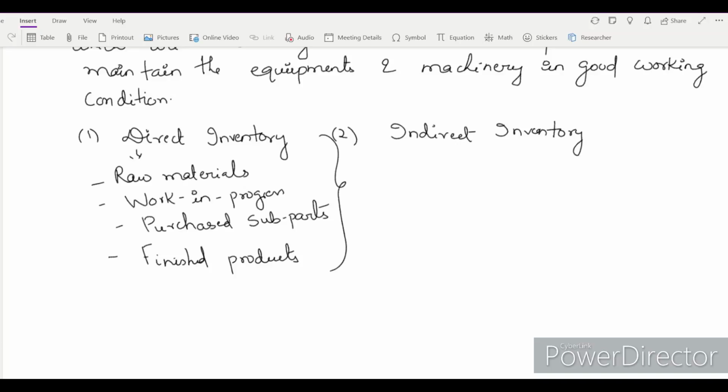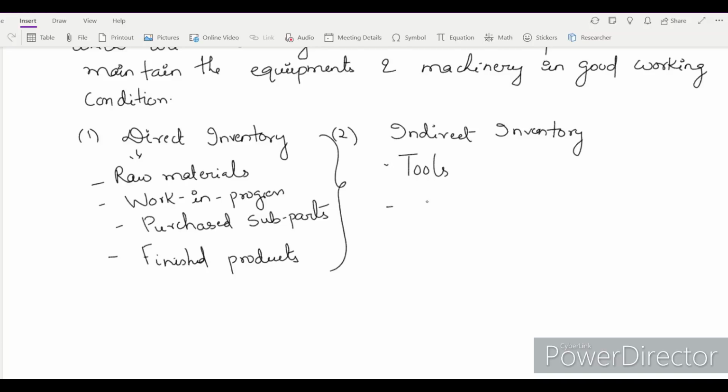And now comes your indirect inventory. You know that for working you need so many tools, and you have to store those tools. And the machines, whatever you are using, maybe the lathe machine or the shaper machine, need spare parts when they won't work, so that they can be replaced and put back in working condition.